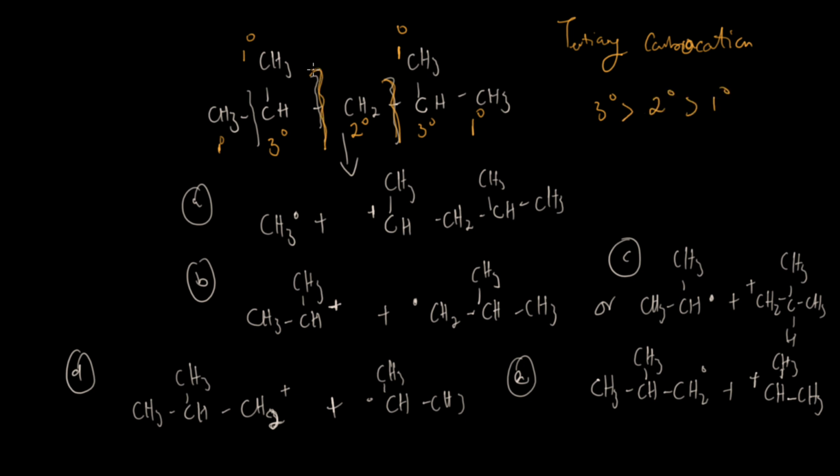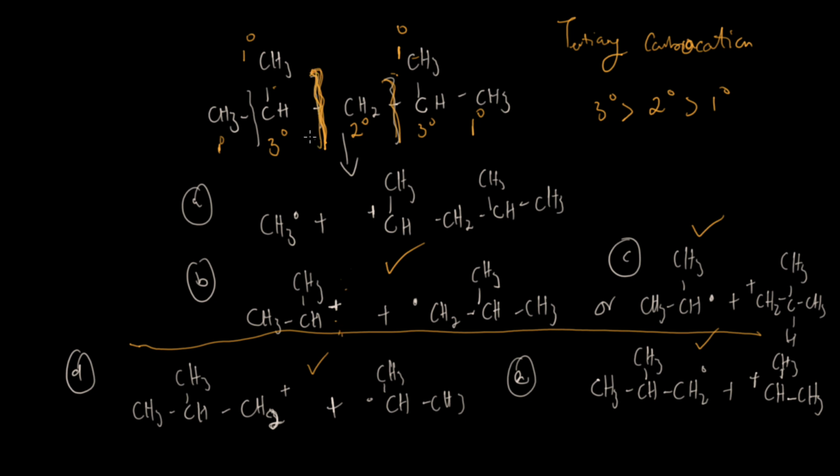If you fragment here, we get B and C, and if you fragment at A, we get this and this. These two are basically the same thing, so there's no point doing this.